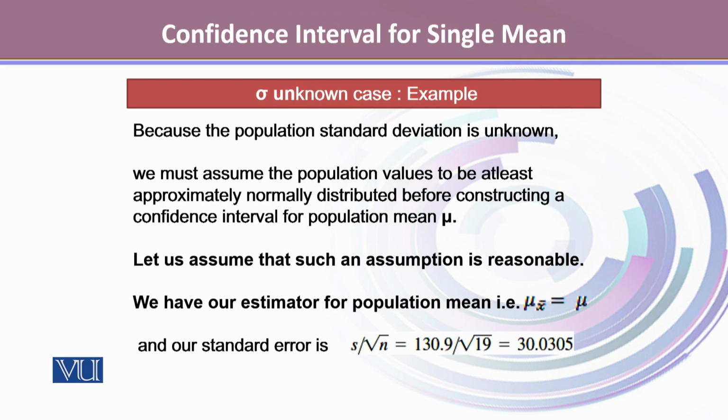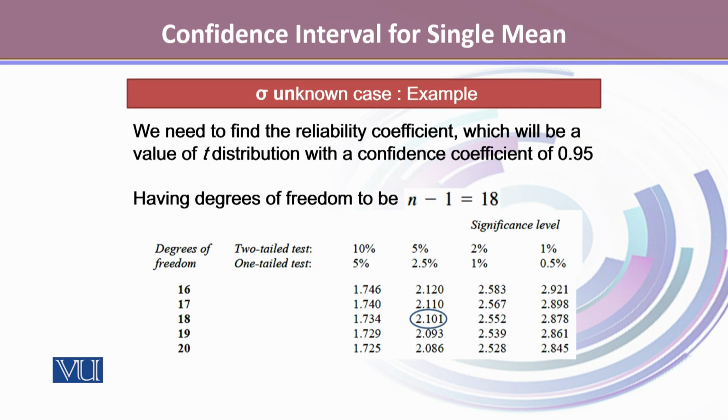We have our estimator for population mean, that is mu estimated by x bar, the mean, and our standard error is s over root n, which is calculated to be 30.0305. We need to find the reliability coefficient, which will be the value of t distribution with a confidence coefficient of 0.95 and degrees of freedom n minus 1, which is 19 minus 1, 18.